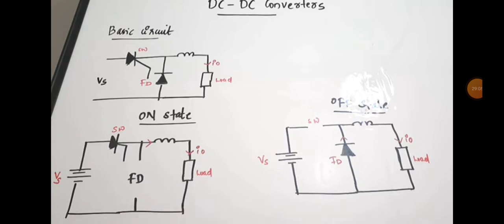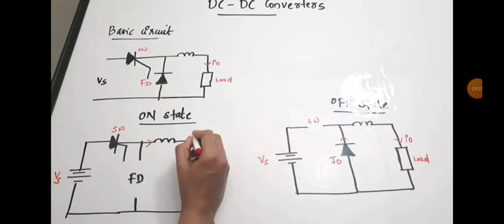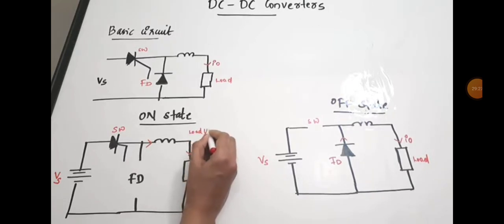Here we are not considering any amplification or increase in the voltage value. So whatever Vs value is there, you will get across the load during the on state. So during the on condition, the load voltage will be equal to Vs. I can write it here: load voltage will be equal to Vs in this state.